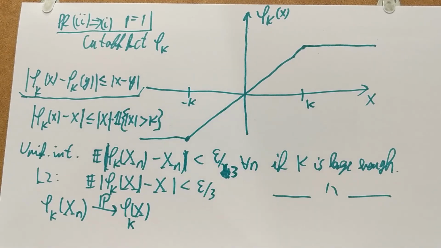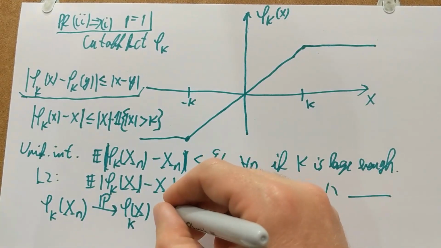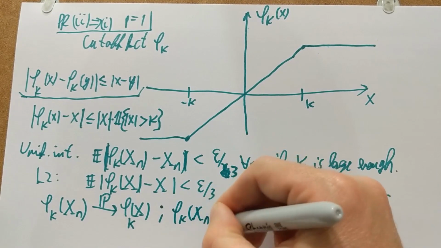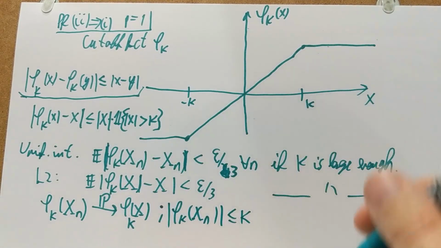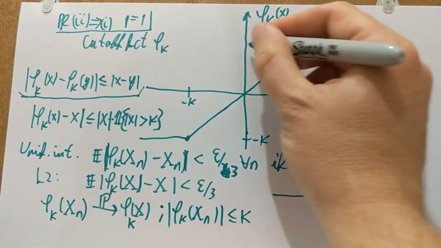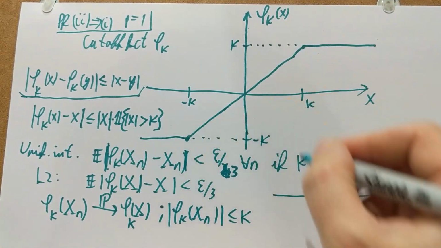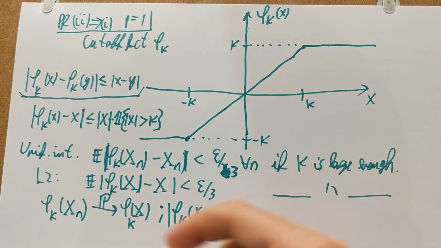In fact, there is a version of the bounded or dominated convergence theorem which works with convergence in probability. And since the modulus of phi k of xn is of course always less than or equal to k, because this function never goes above k or below minus k, this is level minus k and this is level plus k, right? So it never goes higher than that or lower than this.